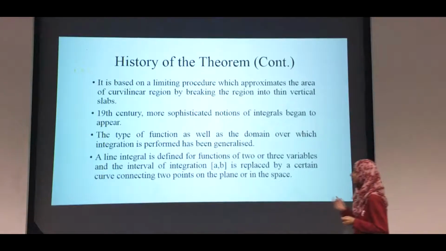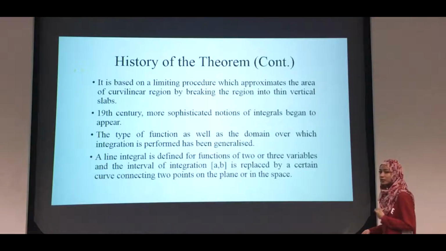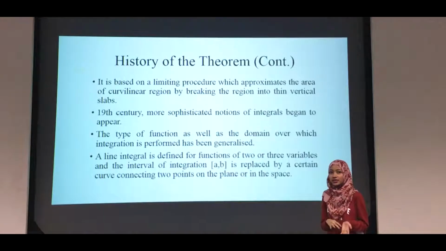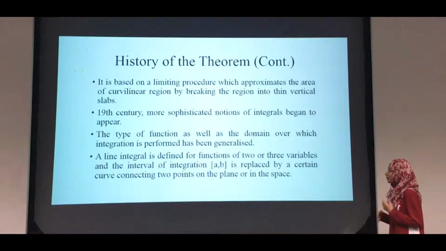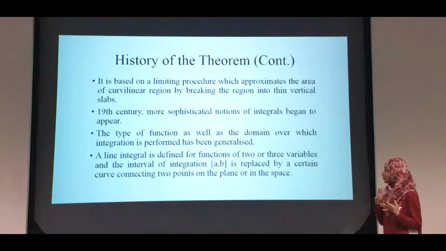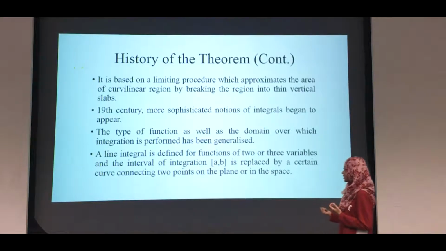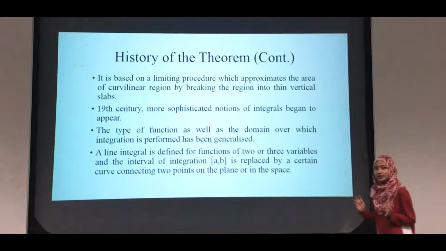During the 19th century, more sophisticated notions of integrals began to appear. The type of function as well as the domain over which integration is performed has been generalized. A line integral is defined for a function of 2 or 3 variables, and the interval of integration AB is replaced by a certain curve connecting 2 points on the plane or in space.